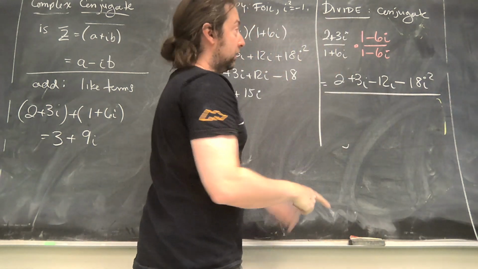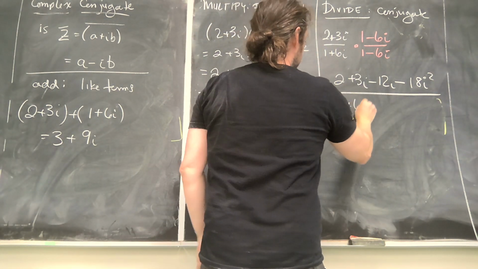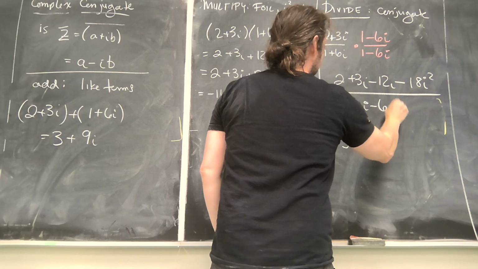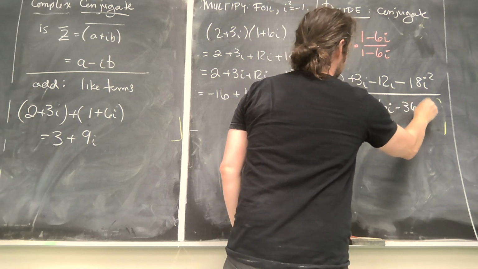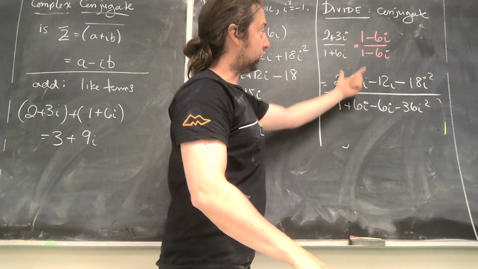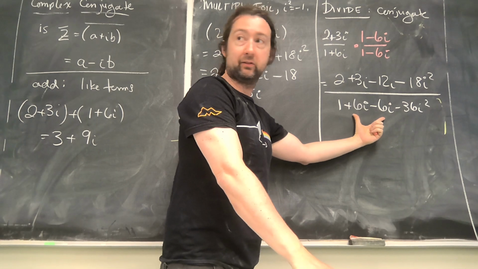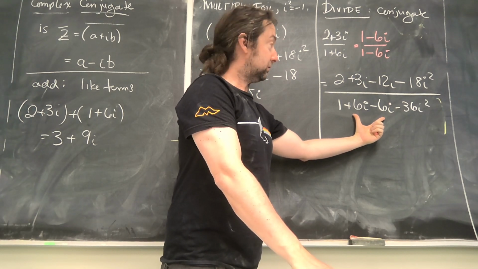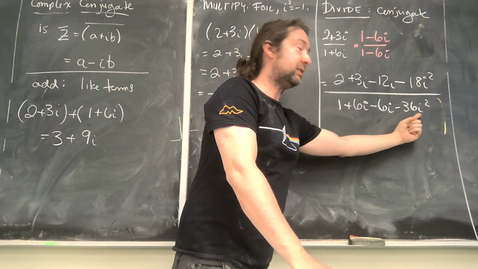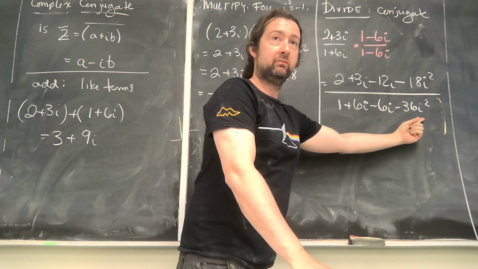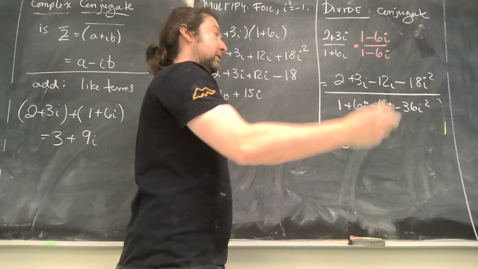But in the denominator, I'm going to get 1 plus 6i minus 6i minus 36i squared. See, what happens is multiplying by the conjugate kills the i's. They're just gone. Because negative 36i squared is just 36.